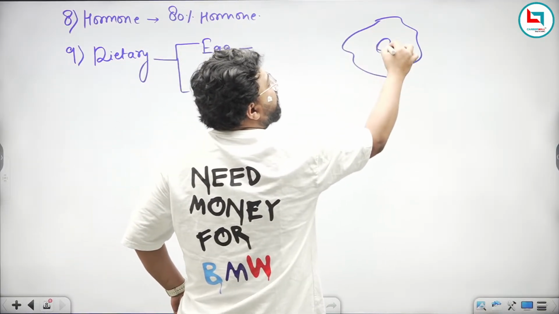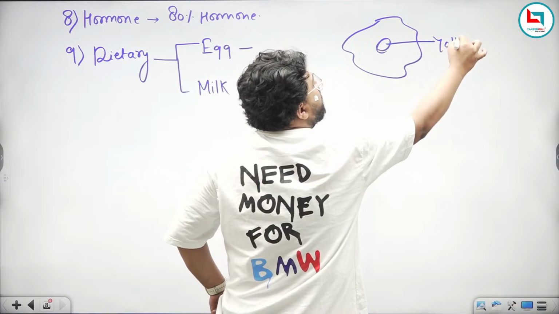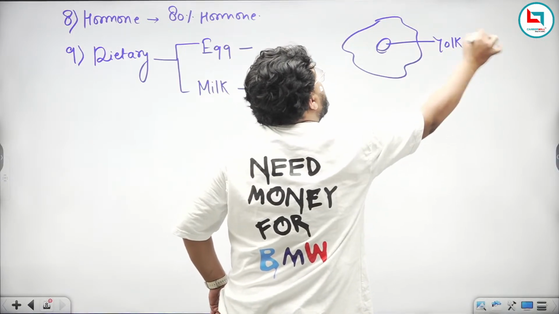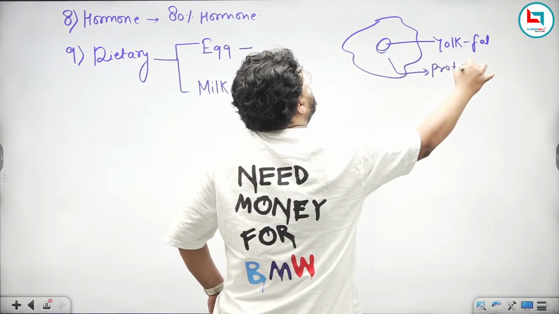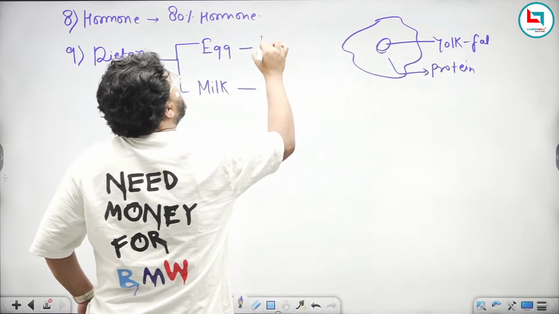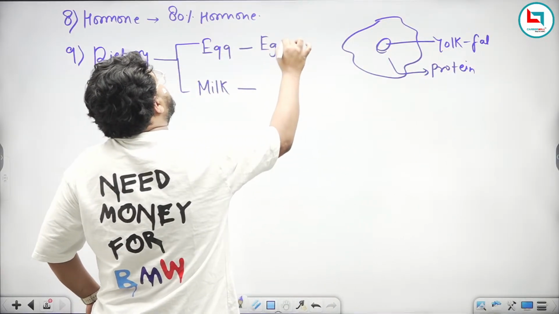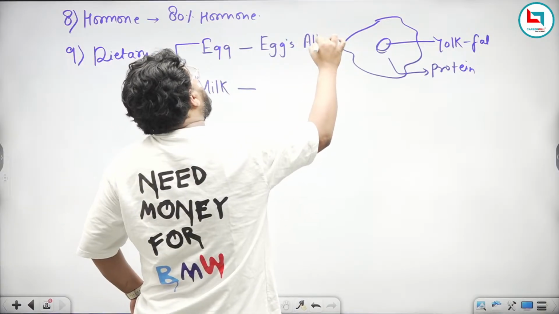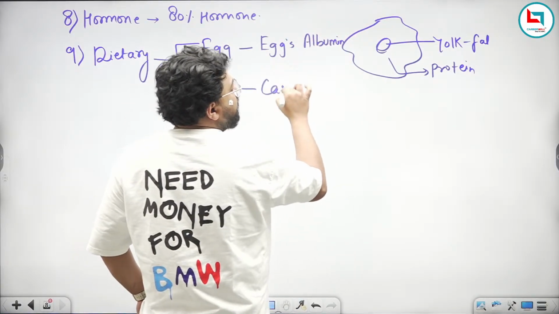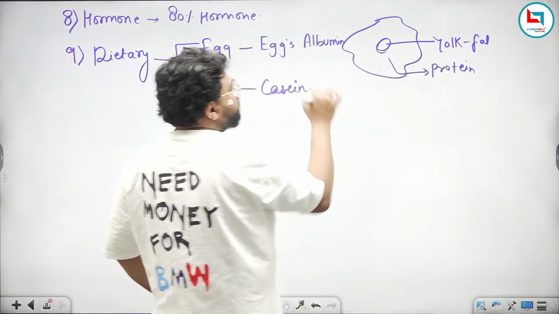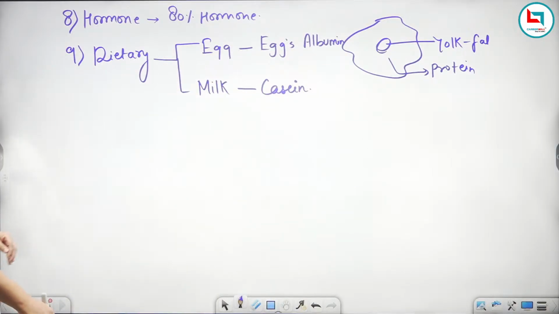A yellow part, known as yolk, which is basically fat, and the liquid medium, which is basically protein. This protein is said to be egg albumin. While our milk contains a protein known as casein. So these are the dietary proteins.